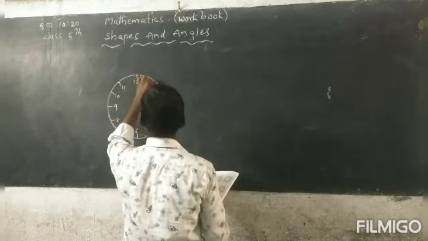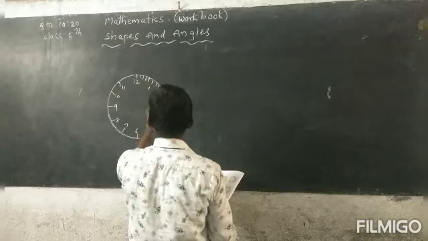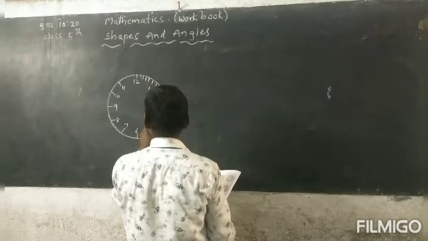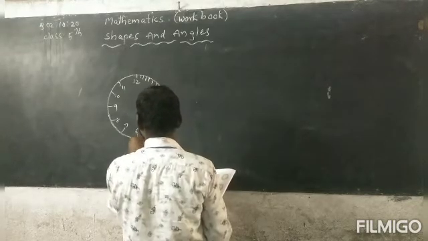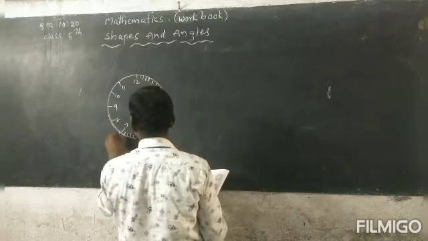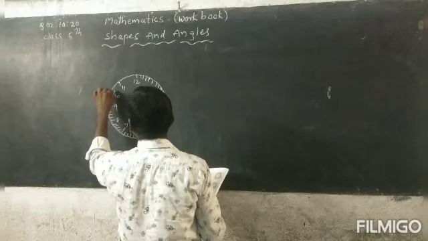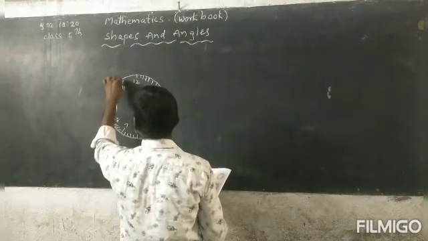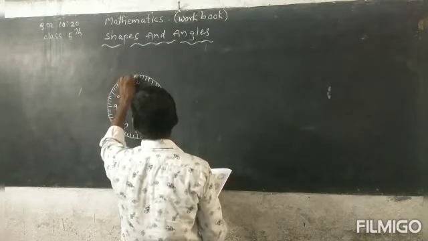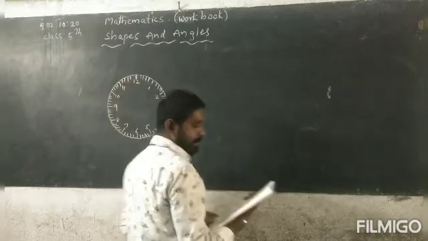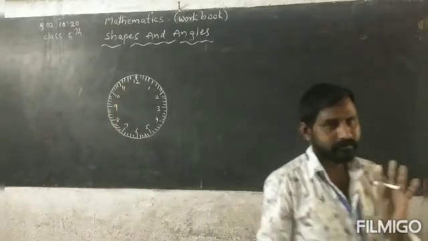Between the numbers there are 1, 2, 3, 4 marks each time. See, beta, here 12 to 1.